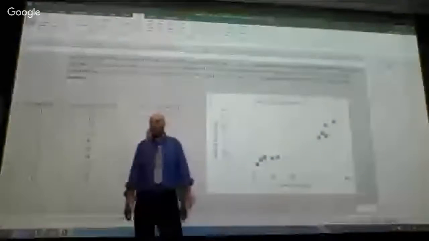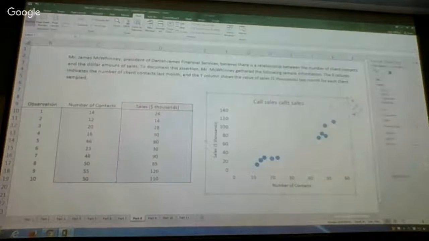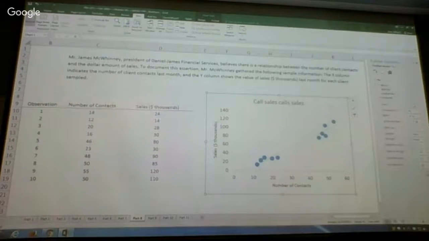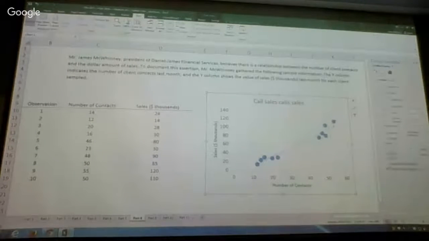I wonder if it's even going to suggest that we have negative sales. Gosh, I hope not. But we're going to add a trend line. We're going to make sure that we got our information on here.